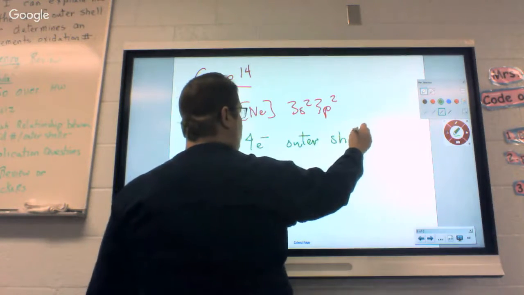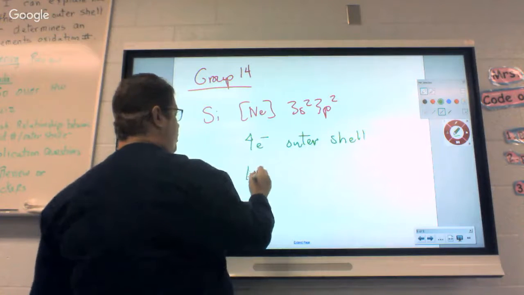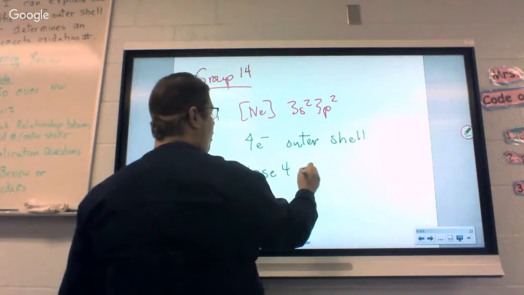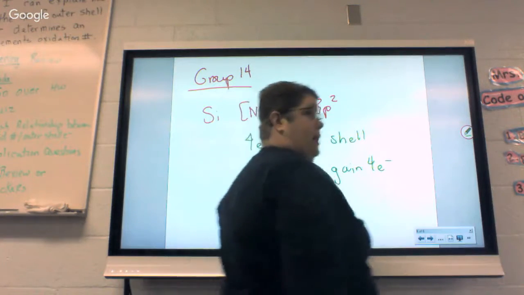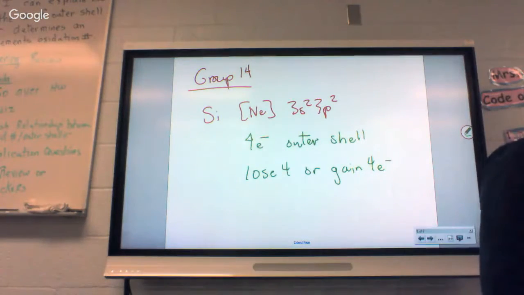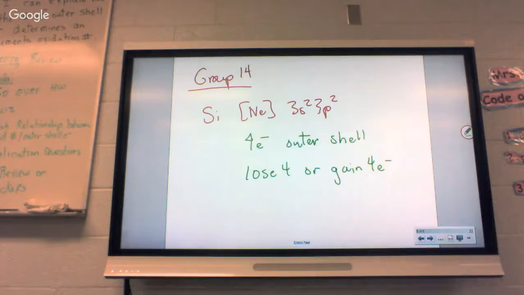So now you would say we could lose 4 or gain 4. Who's to say what's easier, to lose 4 or to gain 4? How do we know? That's right. It would depend on the element you're forming the bond with.